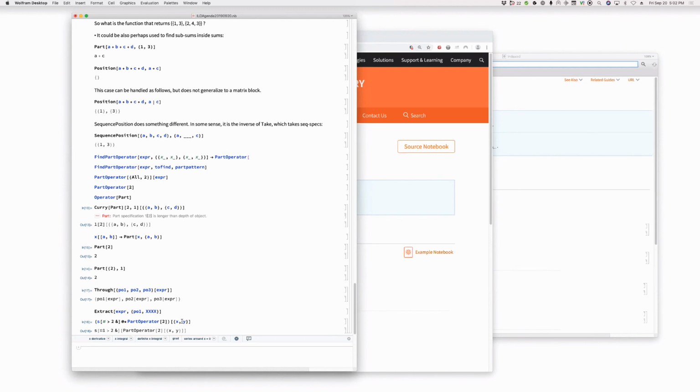I mean, it's a lot more typing to type part operator than hash sub 2, although it's less. One could imagine, if this got popular, some shorthand for this thing. Well, let's do the experiment. This is a little bit weird here.